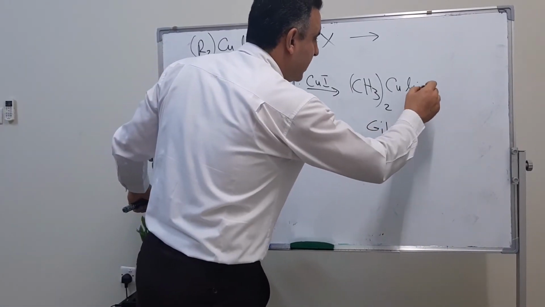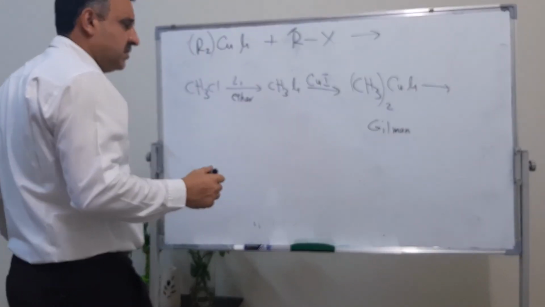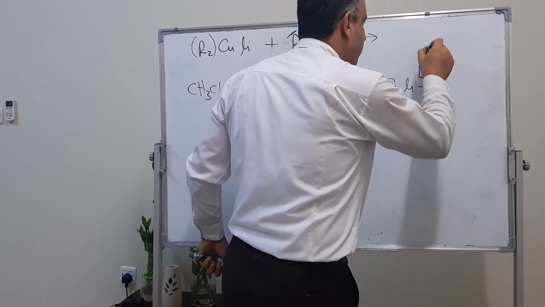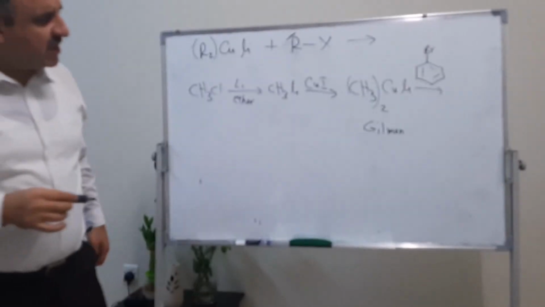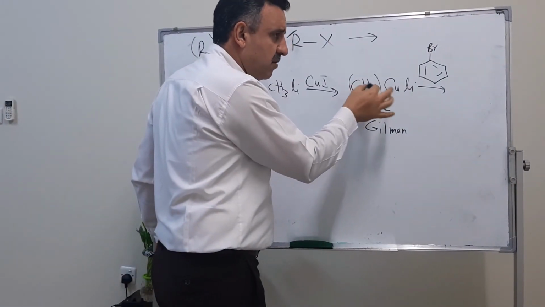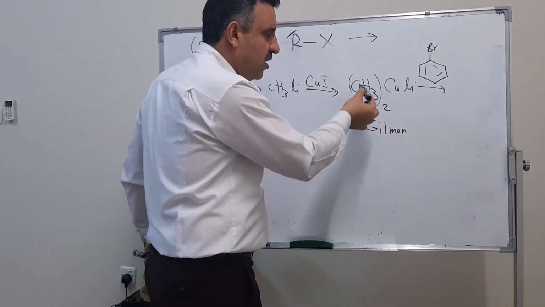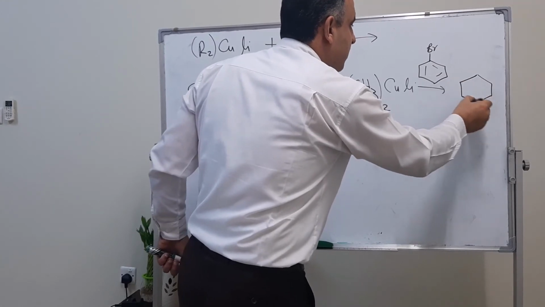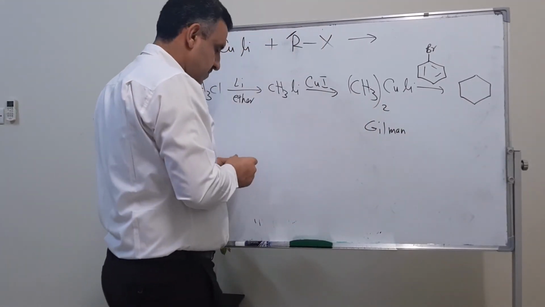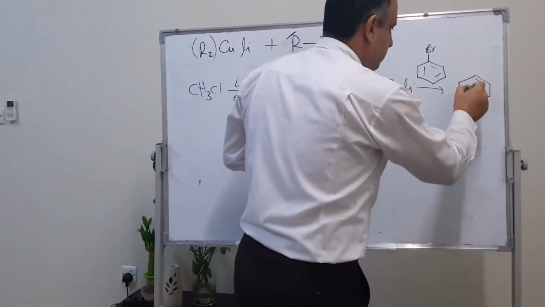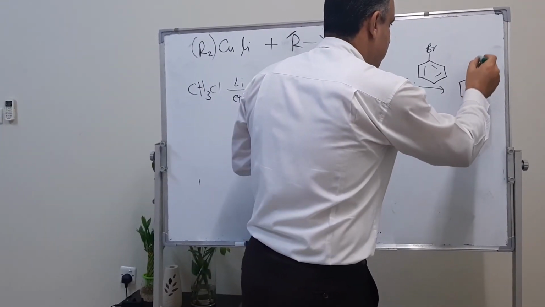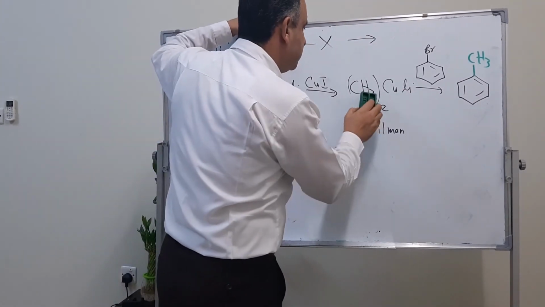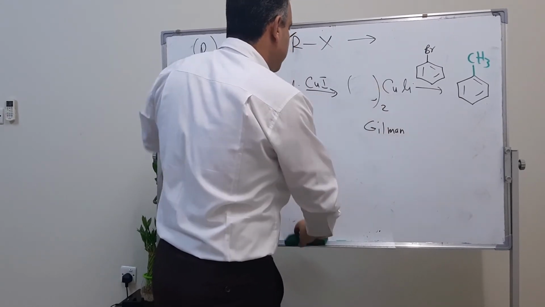Now, if we allow the Gilman reagent to react with, suppose, bromobenzene, we are going to get a displacement. The methyl here, which was in the Gilman and is the nucleophile, will displace the bromine, and then we are going to end up with a methyl in here. Let me change the color of the methyls here, just to show you what we are exactly doing.